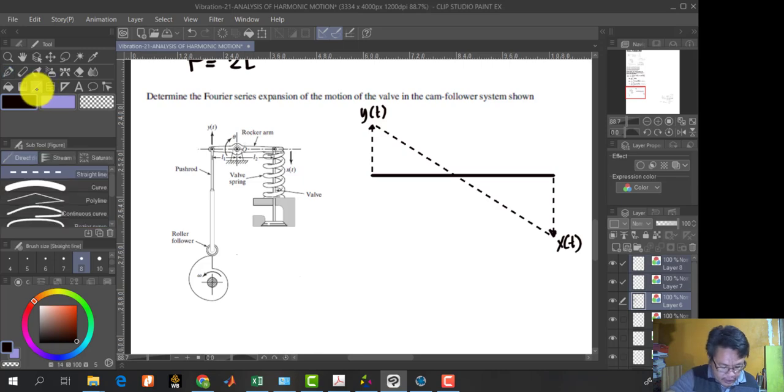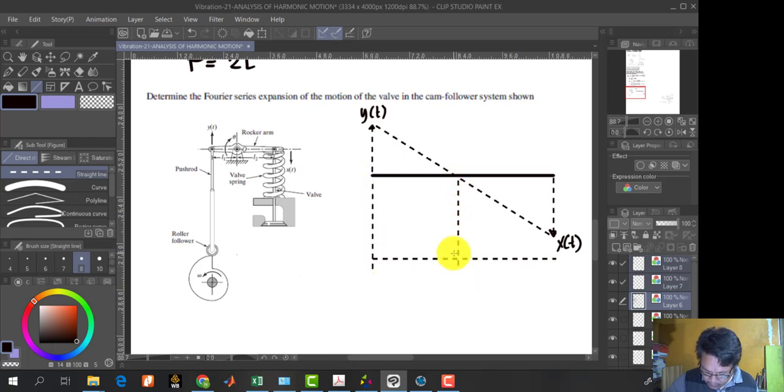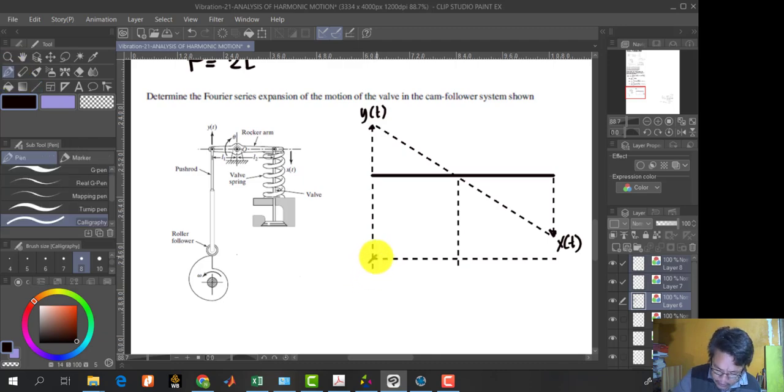I will also make the distances here, showing that this bisects the distance. So, this is my L sub 1, and this is my L sub 2. So, we have the distances L sub 1 and L sub 2.